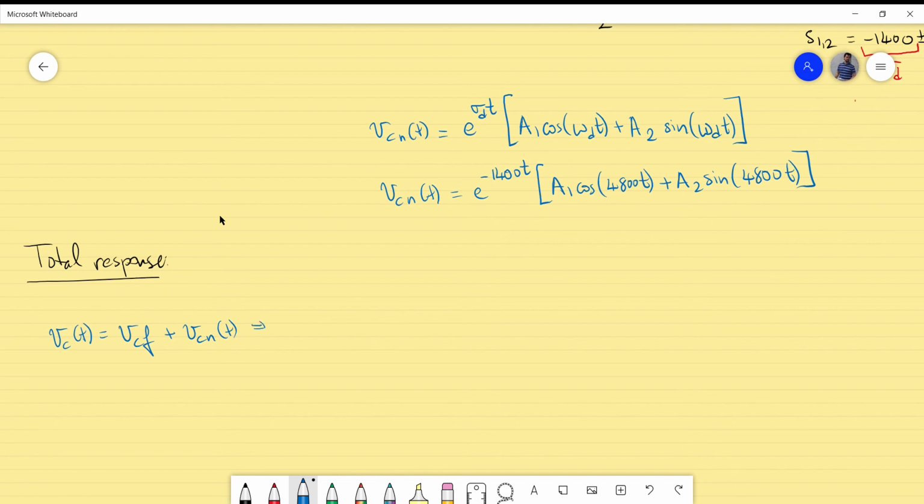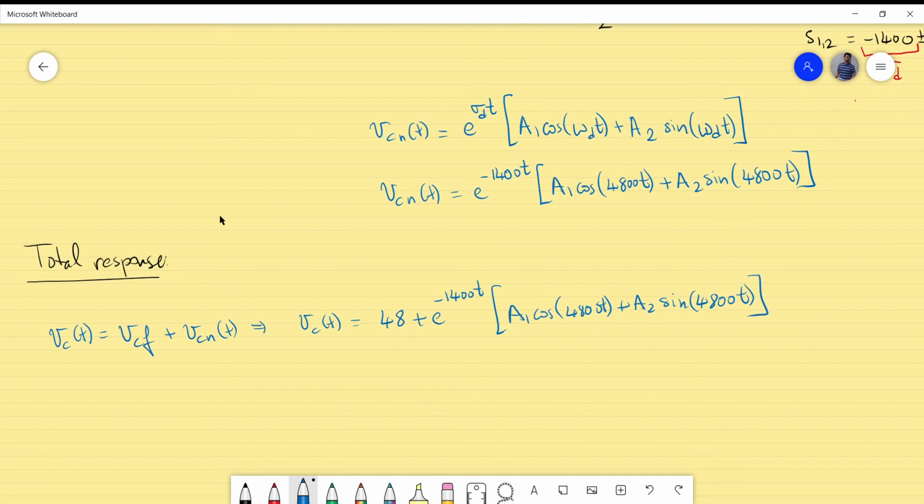So Vc is equal to 48 for the forced response plus e to the power minus 1400t, and again the same expression as we had there, a1 times the cosine of 4800t, etc. Okay, that's the situation here.